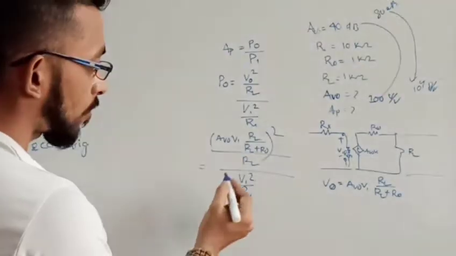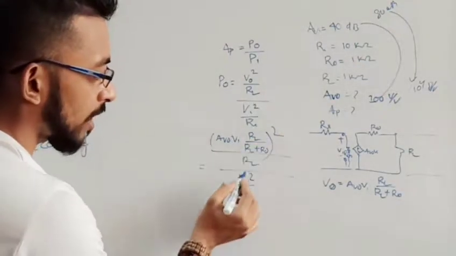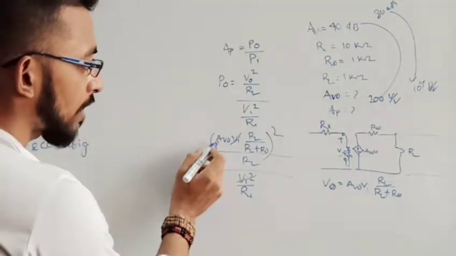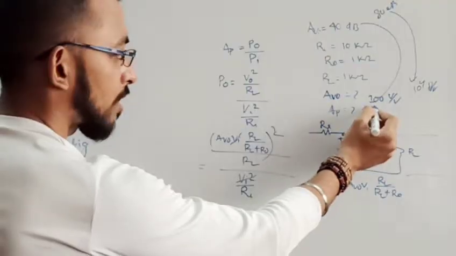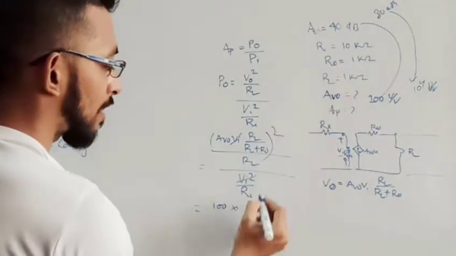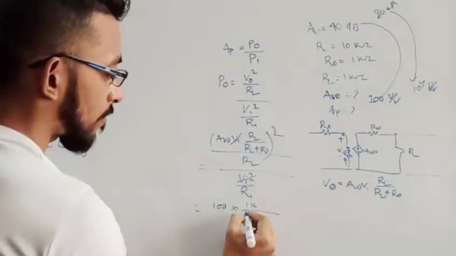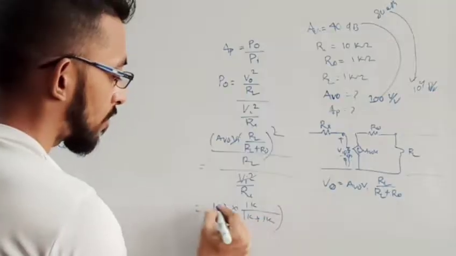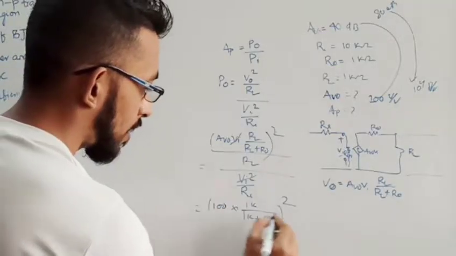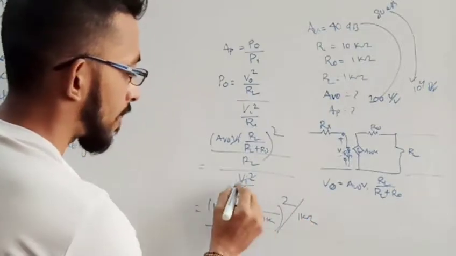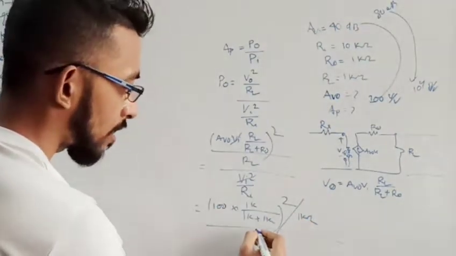Okay, so from here you can see this V input square will cancel out. What will remain? AV naught, whose value that we found is 100 volt per volt, 100 multiplied by RL, which is given as 1 kilo ohm, divided by RL 1 kilo ohm plus R output, which is also 1 kilo ohm, whole square, divided by RL, again 1 kilo ohm, whole divided by 1 upon Ri.